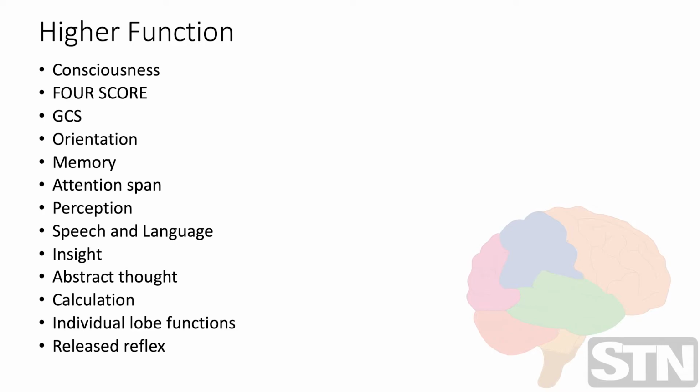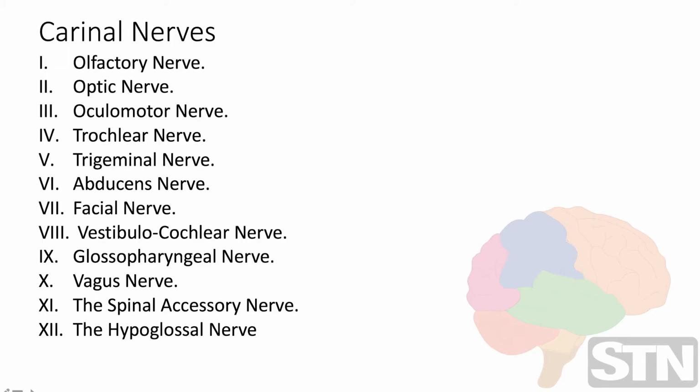Next, we will talk about the FOUR score system followed by the Glasgow Coma Scale, the orientation, the memory, the attention span, the perception, the speech and language problems, the insight and abstract thinking, calculation, individual lobe functions, and finally the release reflexes.